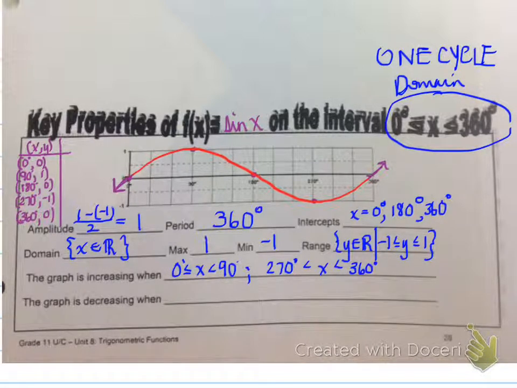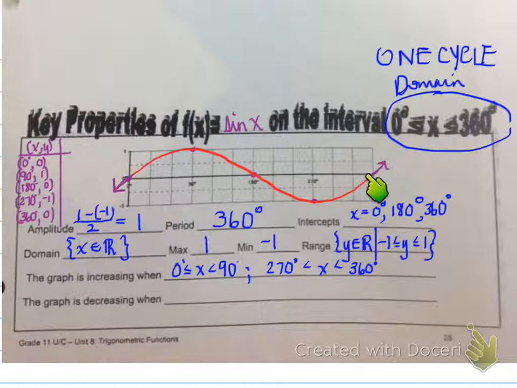So in the basic function, the red graph, it would start here and these values are going up, so that's increasing. We don't include the 90 because at 90 it's changing direction. Going all the way to here, it starts not exactly at 270, but very close to 270.